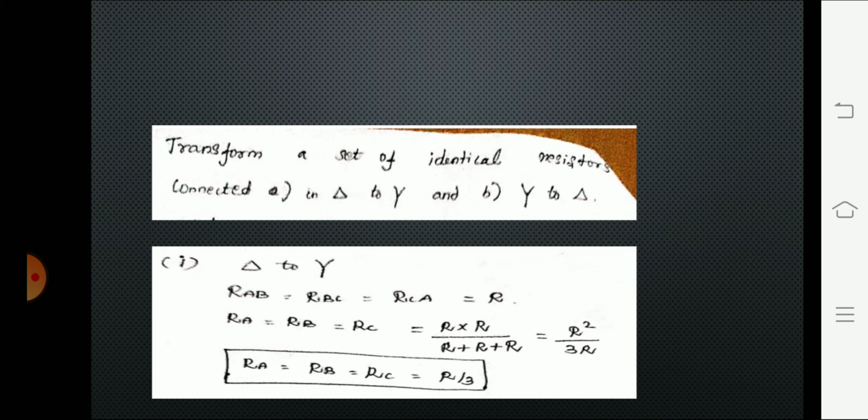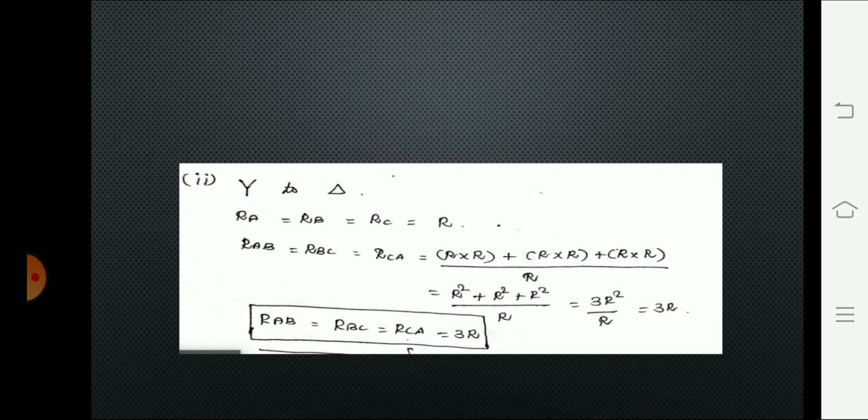We know the formula. Substituting all the values in R, we get R by 3. In star to delta connection, RA equal to RB equal to RC is equal to R. So RAB equal to RBC equal to RCA. We substitute the values and get the answer 3R.